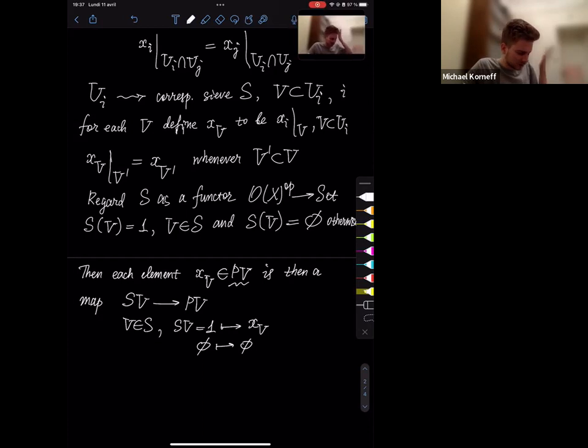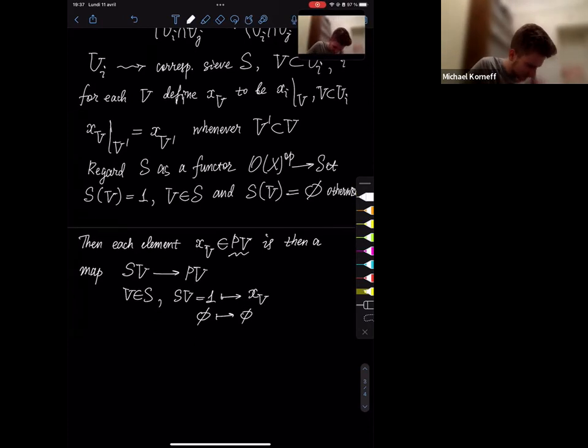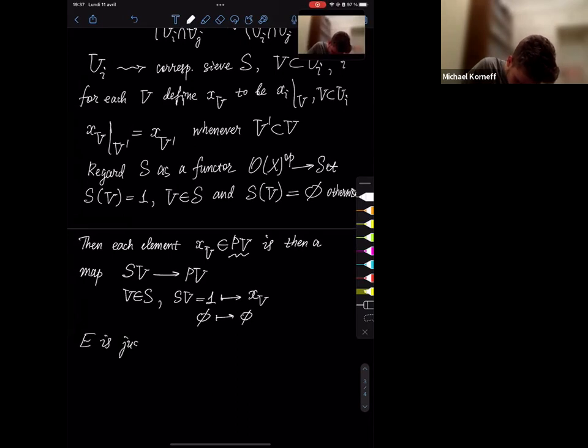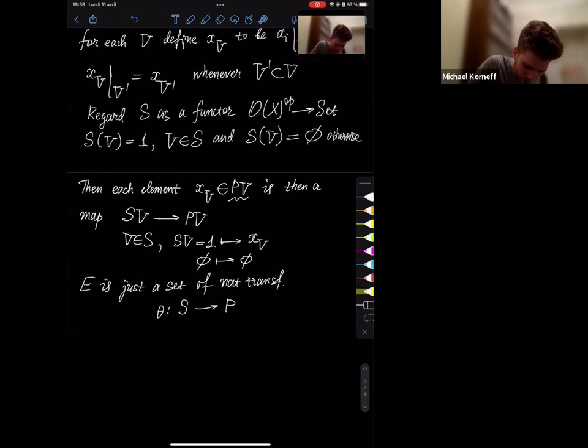Okay, and we can think about the equalizer as just a set of natural transformations between two functors, S and P, because we think about any element as a map for each V. Okay, as this natural transformation such that theta of 1 equals xV.